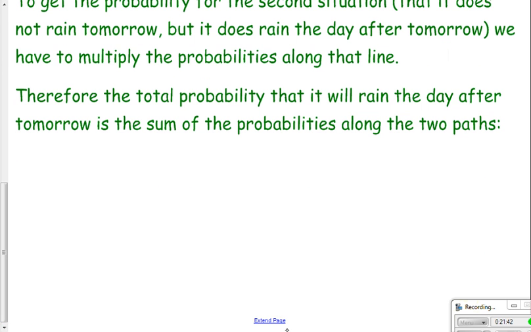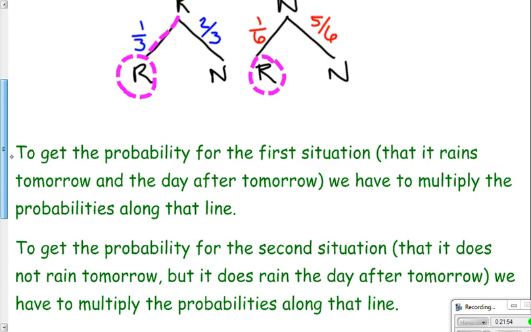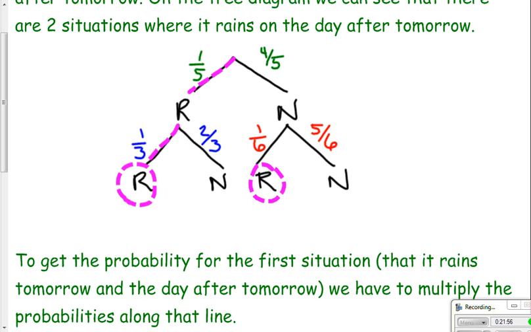So I'm going to use the space down here. So 1/5 and then 1/3. Notice that when I said and with my mouth, I wrote a multiplication sign. That's going to be true all the time in probability world. The other branch that ends with rain is this one. And if you take a look there, that's going to be 4/5 times 1/6.